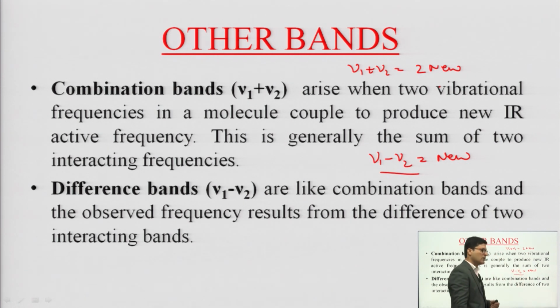So, apart from the normal stretching and bending vibrations, we commonly see overtones and combination bands, or sometimes difference bands, in a typical IR spectrum.